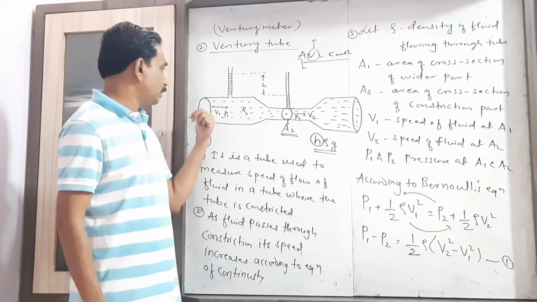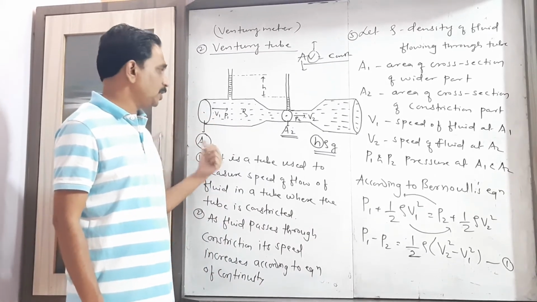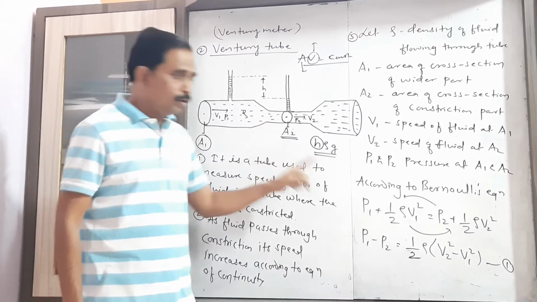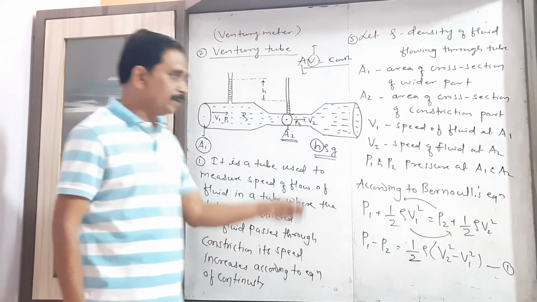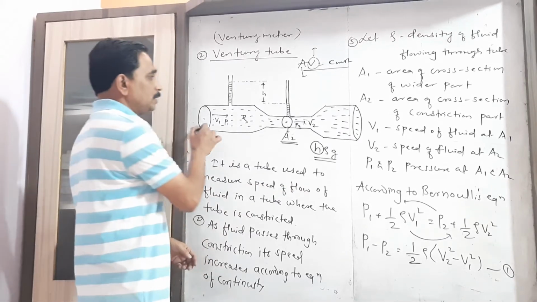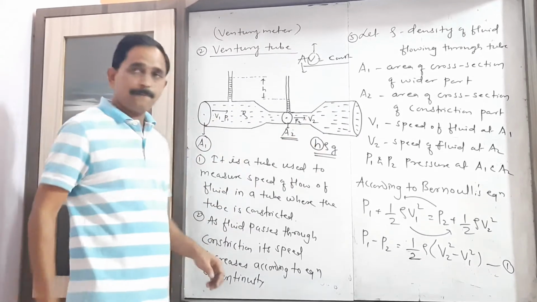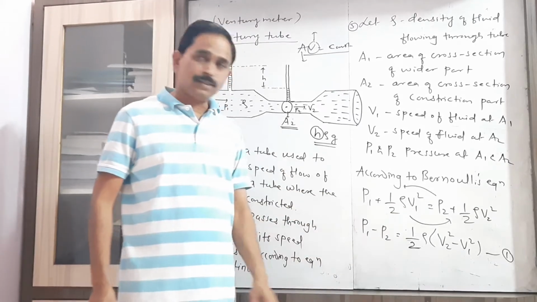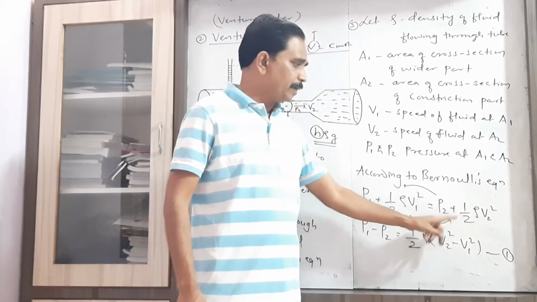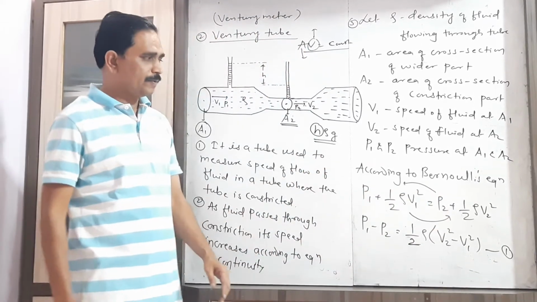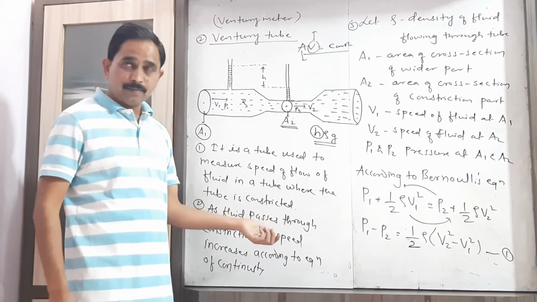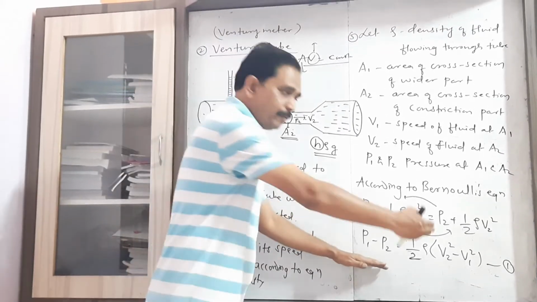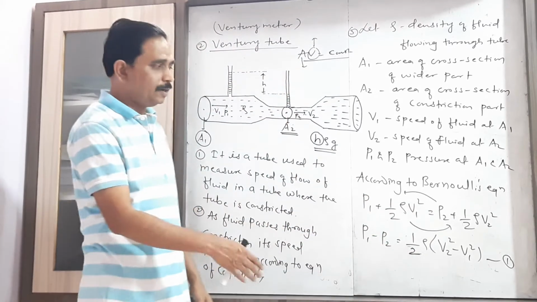That is for the point in area of cross section A1 and for the point in area of cross section A2. Now no need to write the third term in Bernoulli's equation because this tube is at the same height. So I just write P1 plus half rho into V1 square equal to P2 plus half rho into V2 square. Just transfer the terms, pressure terms on the left side and velocity terms along with density on the right side.